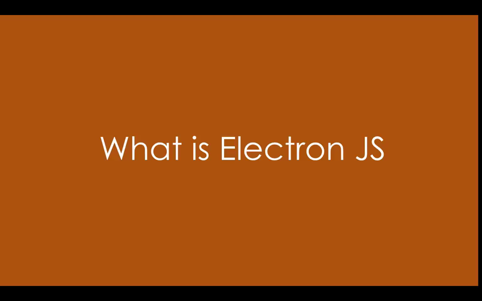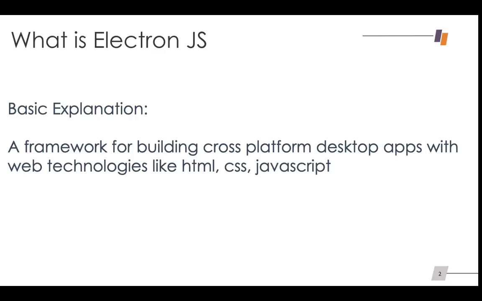So what exactly is Electron? Now, the Electron Framework or Electron JS is a framework for creating native applications with web technologies like HTML, CSS, and JavaScript. So basically, it allows you to write desktop applications with web technologies that you know of, and these desktop apps that you create are cross-platform.